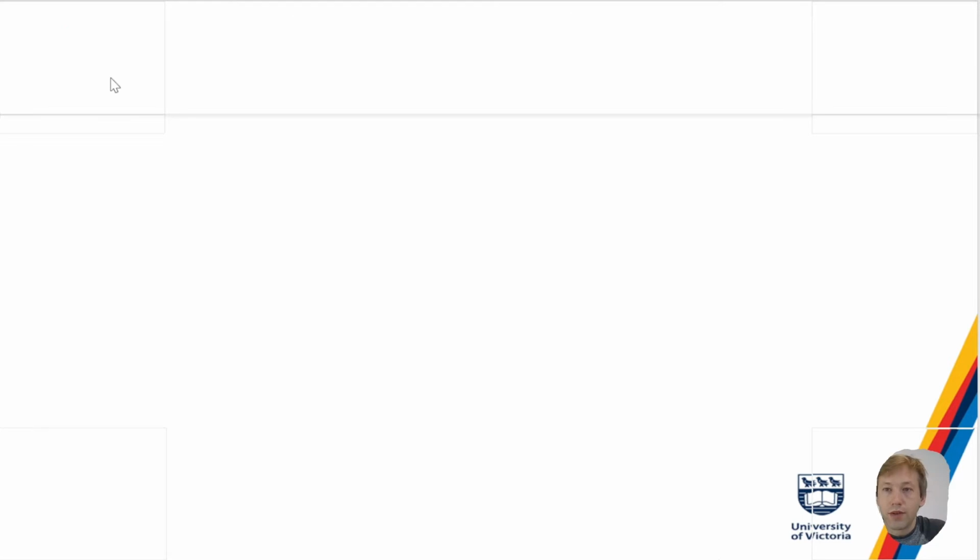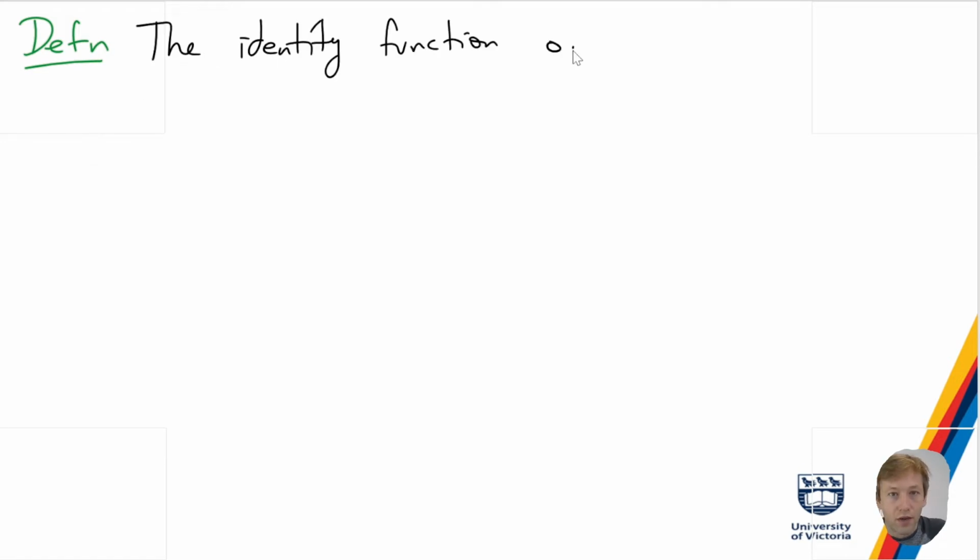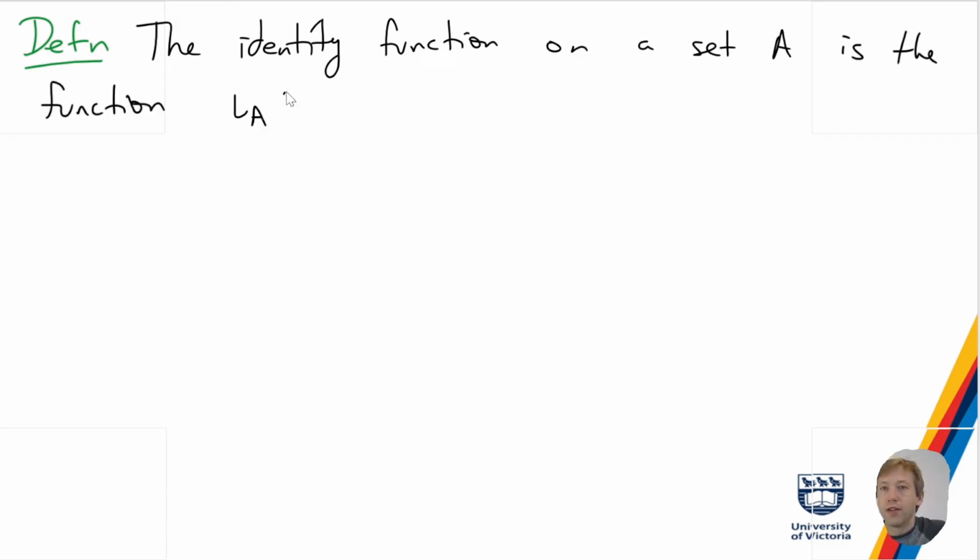Okay, so now that we have the notion of composition, we can define things like the identity function and inverse functions. So, definition: the identity function on a set A is the function. For whatever reason, the notes use the Greek letter iota.